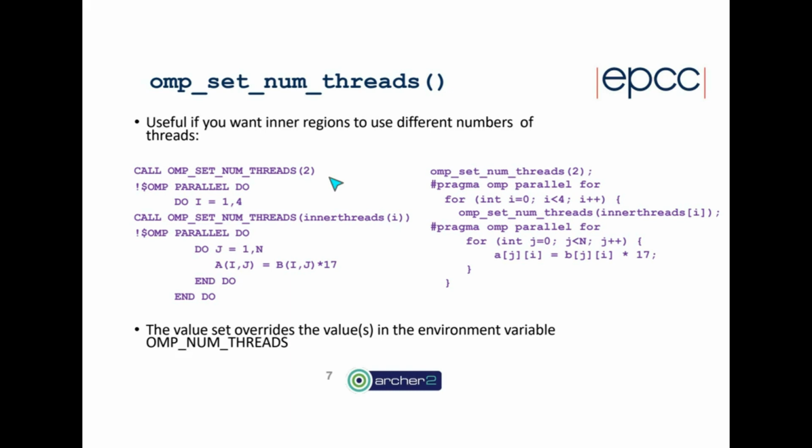OMP get num threads returns the number of threads which are executing inside the parallel region. There's another function though called OMP get max threads, and that's actually the getter function for the internal control variable. So it's a bit unfortunate that that naming convention got a bit screwed up.